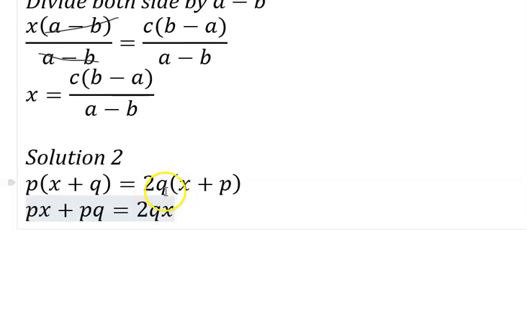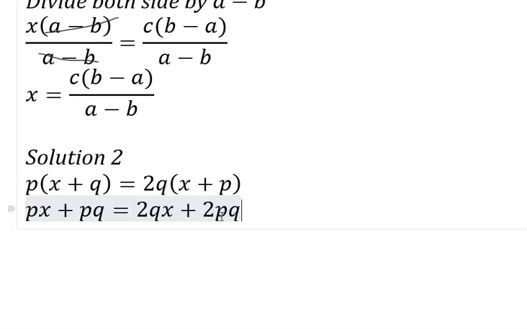Awesome. 2Q times plus P will give you plus 2PQ. If you say 2QP, it is still the same thing. But I advise you put them in alphabetical order so that for clarification, if you want to sort out, it will be very easy. So 2Q times P gives you 2PQ.